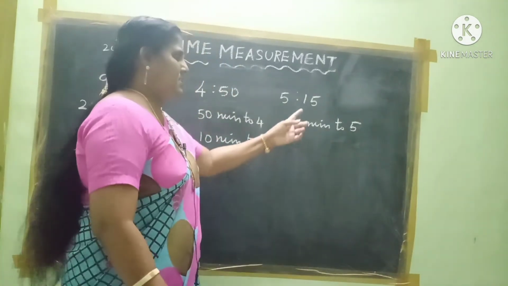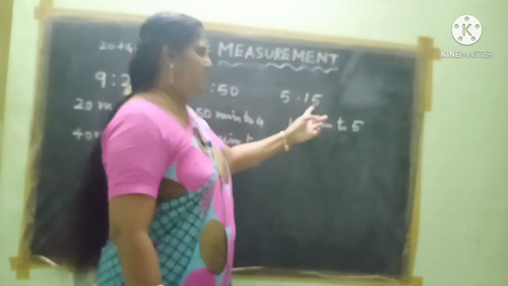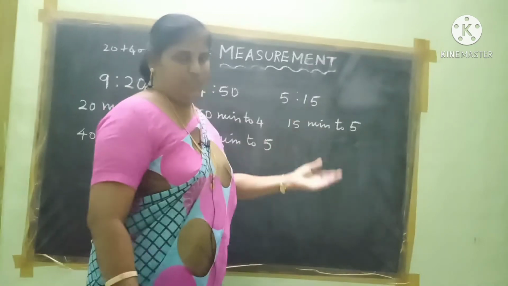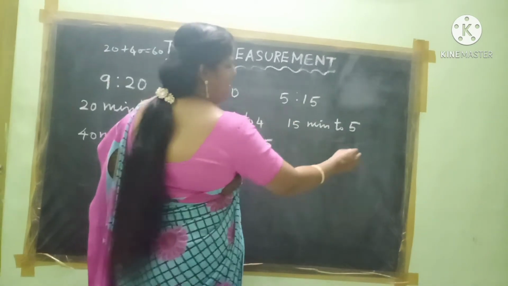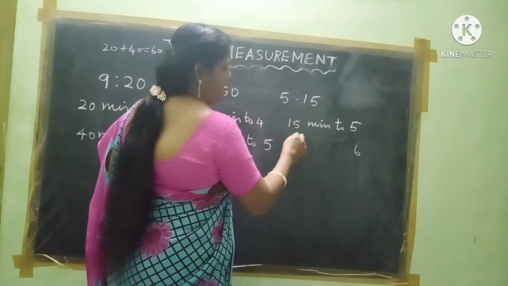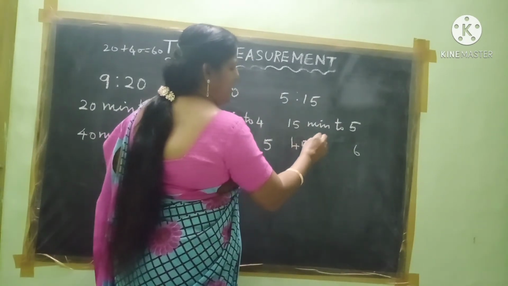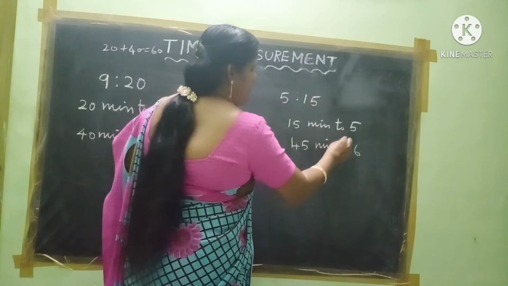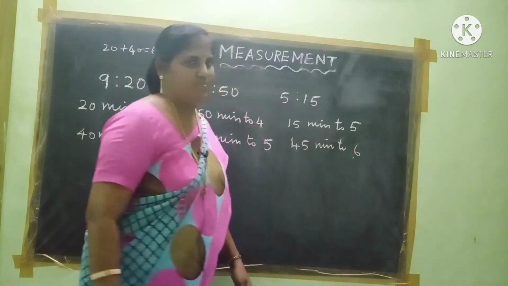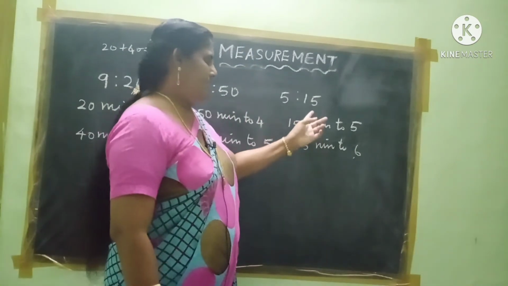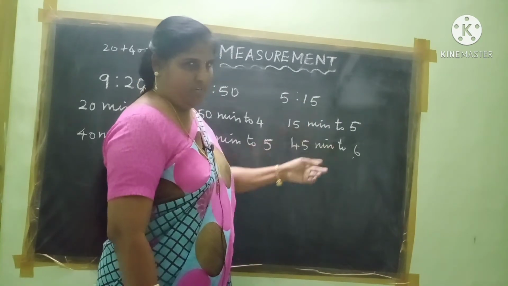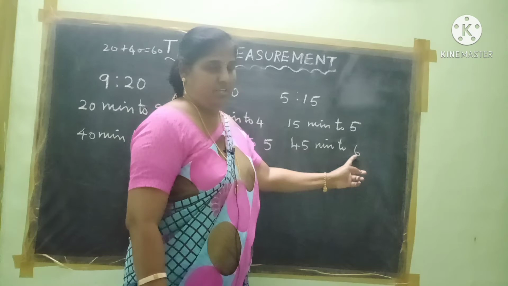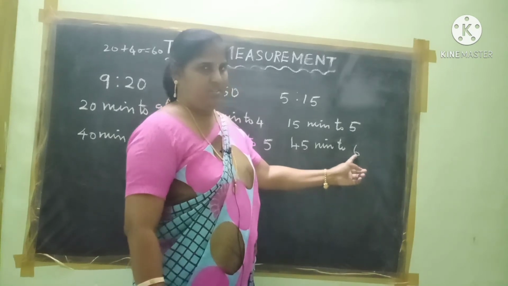Okay, let us see the next one. So 5:15 means the next one is what? How to say this? What is the next hour? 6 hour. So what are the minutes remaining? 45 minutes to 6. That means if I complete one round, it shows the 6 hours, isn't it?